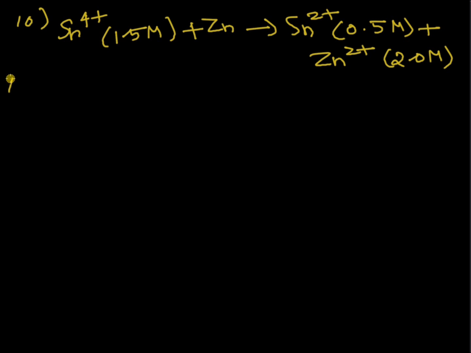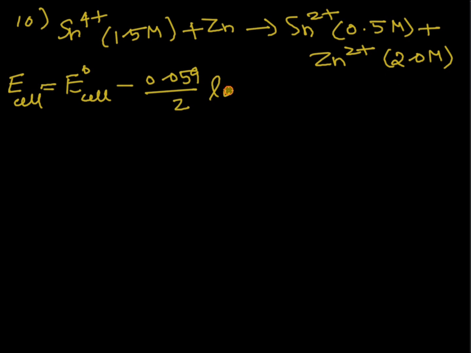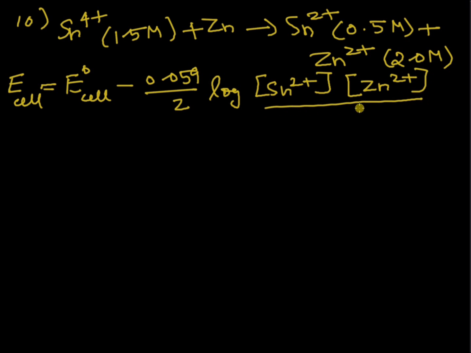Let's write the Nernst equation. E cell is equal to E naught cell minus 0.059 by 2 log concentration of Sn2 plus into concentration of Zn2 plus by concentration of Sn4 plus.